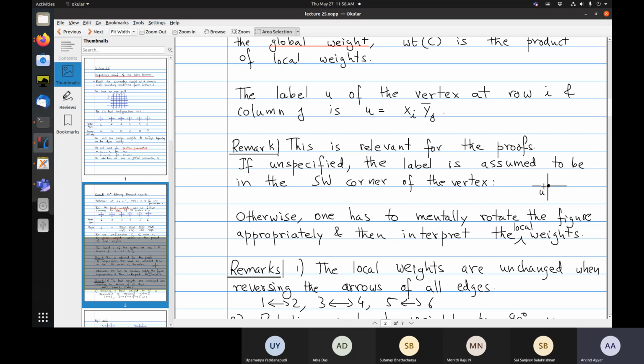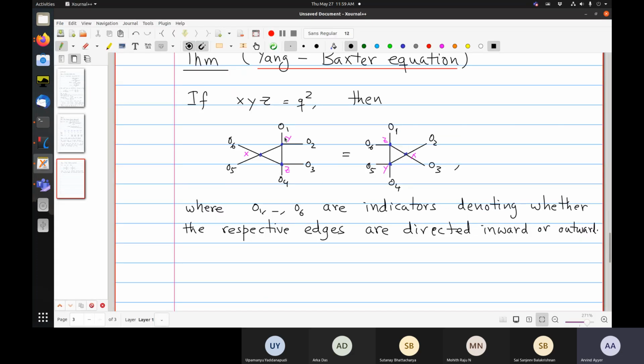The label we will always need to adjust so that the label is on the bottom left. So here this label, you rotate your head and you look from here for this label so that x is on the bottom left. Here you rotate by 180 degrees so that y is on the bottom left.